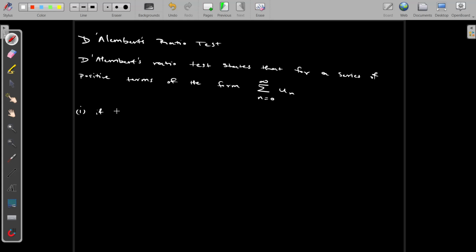So if the limit as n approaches infinity of u n plus 1 over u n is less than 1, then the series converges.